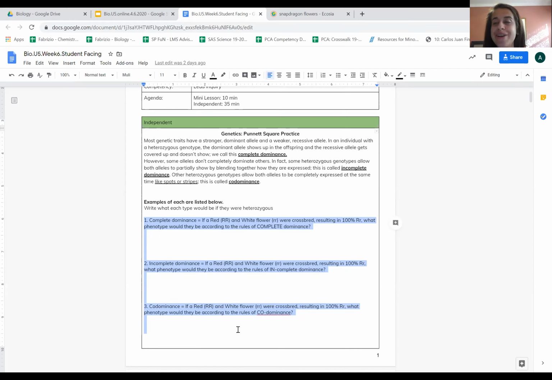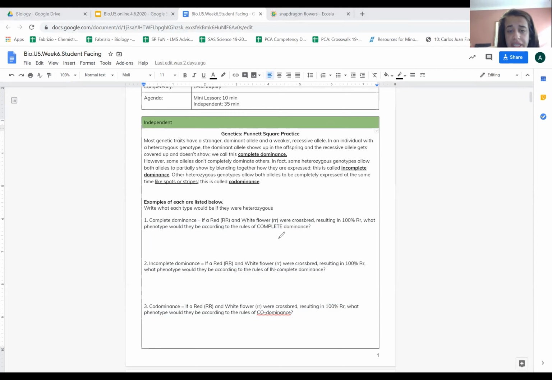Okay, welcome back. By now you should have completed 1 through 3 on page 1 of your packet. So let's go over them really quickly. I'll give my annotation, let's use red today. So complete dominance. In this first one, what would our phenotype look like if we have a big R, little r individual?